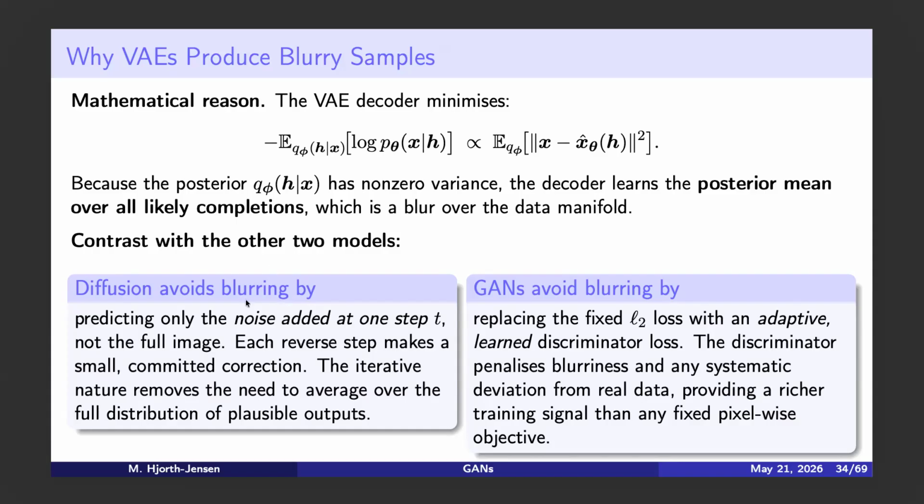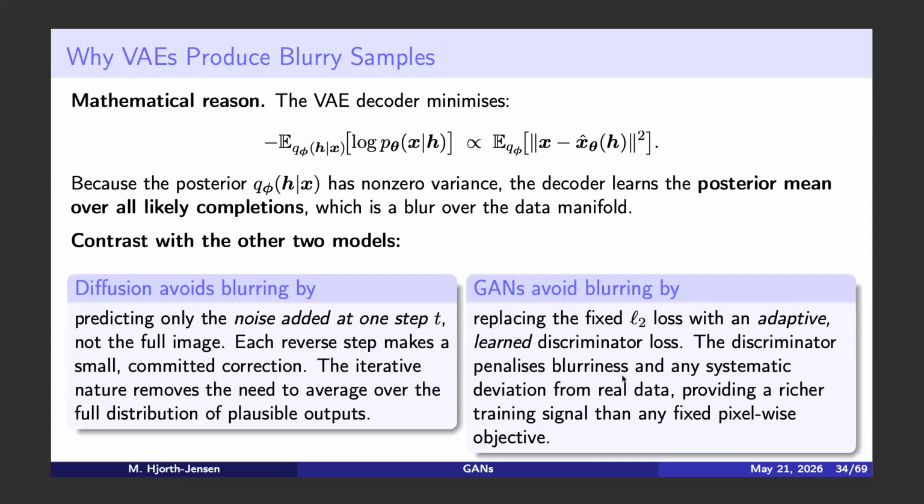So diffusion avoids that by predicting only the noise which is added at a given step, not the full image. The variational autoencoder tries to predict the full image, while in diffusion each reverse step makes a small committed correction. GANs avoid the blur by replacing this L2 loss with an adaptive learned discriminator loss, and that typically penalizes blurriness and any systematic deviation from real data.